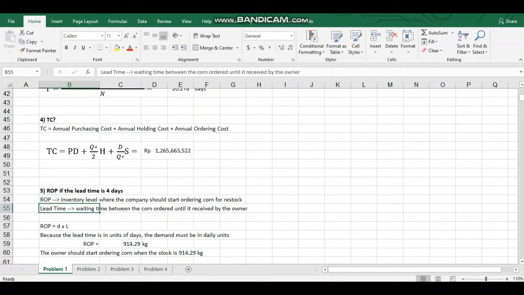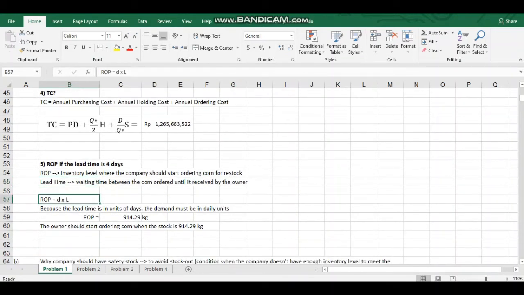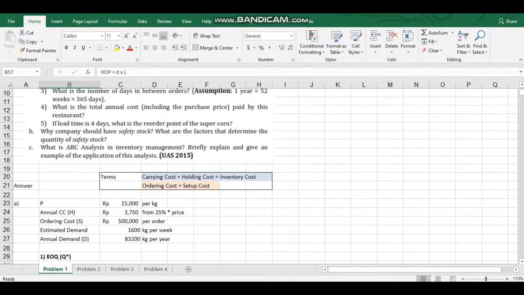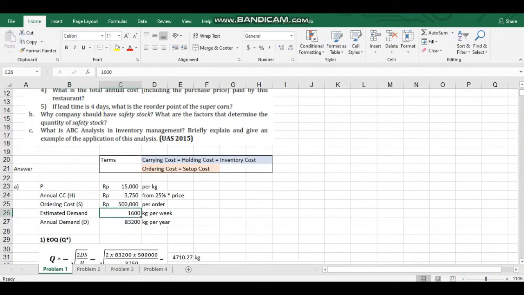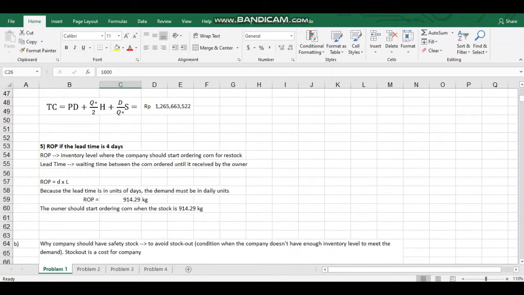And to find the reorder point, we have to multiply the daily demand with the lead time. Okay, so the info, we only have the demand in a week and the annual demand. So to get the daily demand, we just have to divide the weekly demand by 7 days. Anyway, this is the formula, so you could know which one this is referring to.